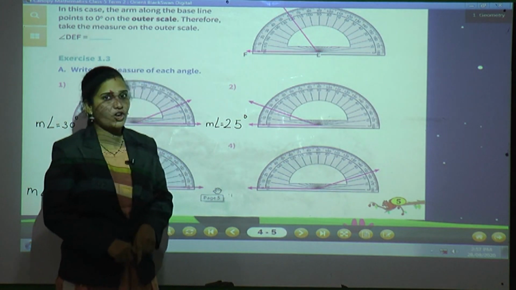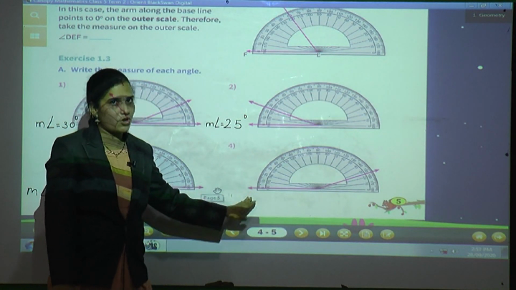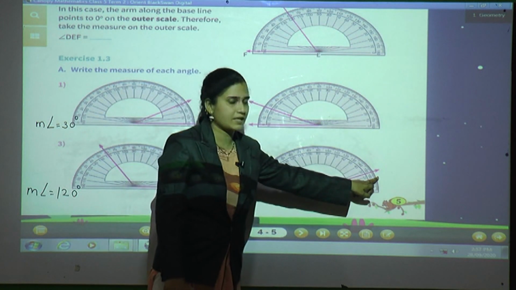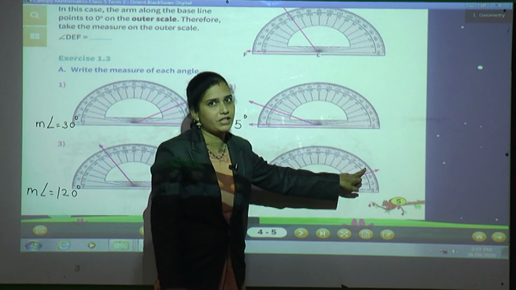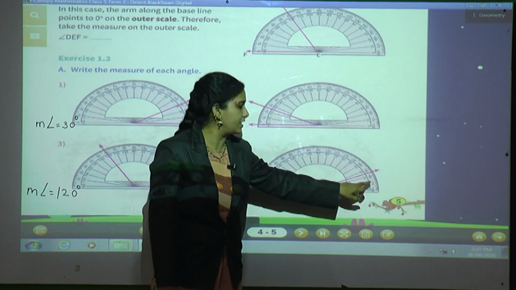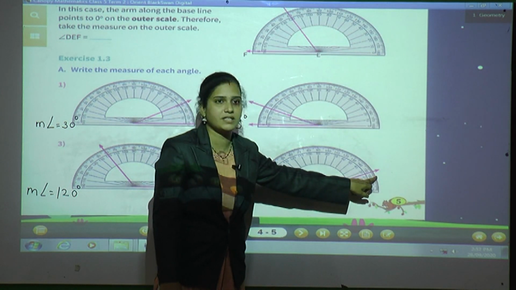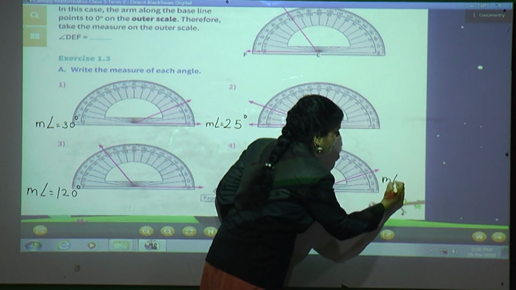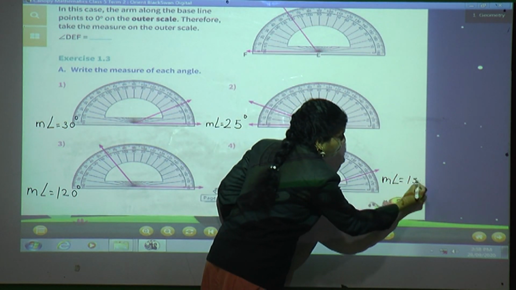Yes students, because the arrow is on the left side, we have to measure by the outer scale. It is between 150 degree and 160 degree. So the answer is 155 degree.